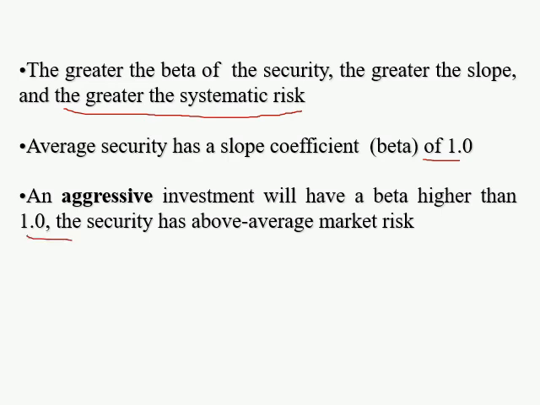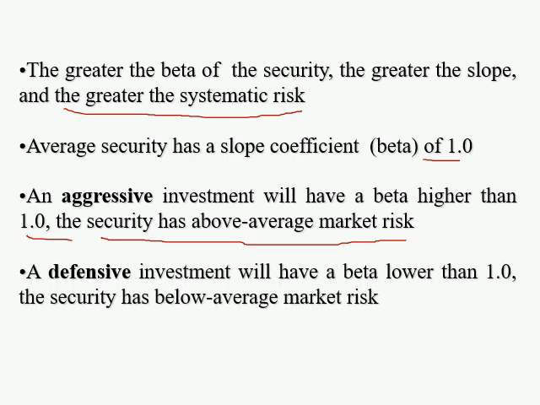So if my security has a beta coefficient of more than 1, that means I have a security with higher risk, or higher systematic risk. So the security has above average market risk. A defensive investment: if I have a defensive investment, what does that mean?